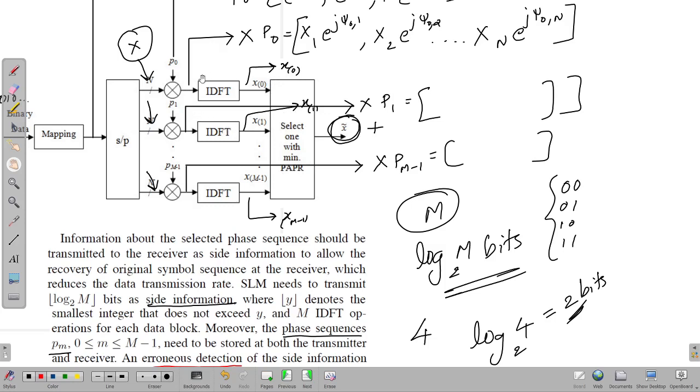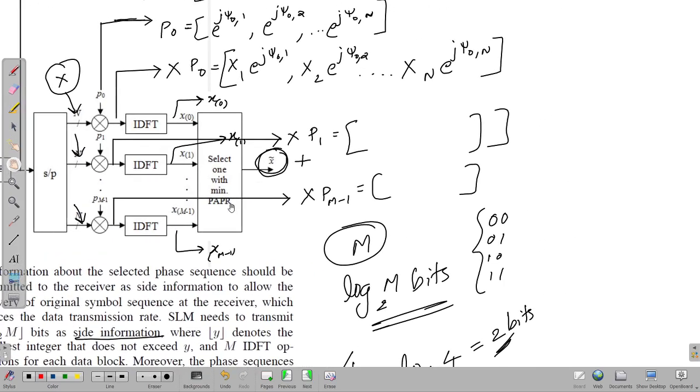Another disadvantage you can easily see is that if the value of M is large, you need so many IDFT blocks. If you have M phase sequences, you need M IDFT blocks. You need so much hardware, so the extra hardware you need will be more. And if the value of N is large, then the number of computations is going to increase.